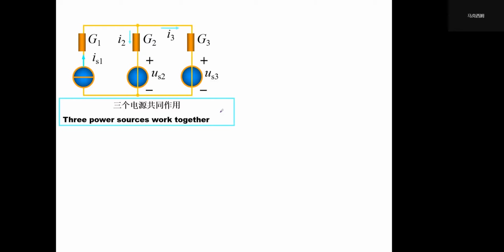So let's see. Still, we have this circuit which contains three branches, each branch with an independent source. When those three power sources work together, we could solve for the corresponding branch currents I2, I3 and the corresponding voltage U on each branch.